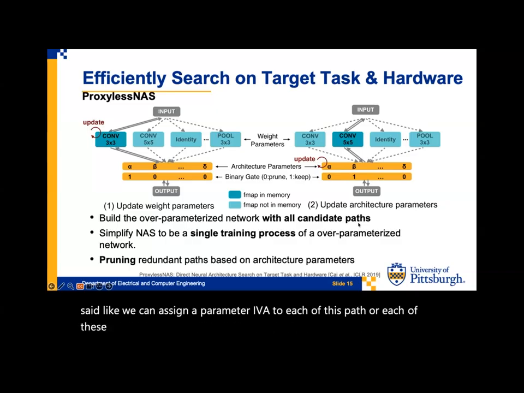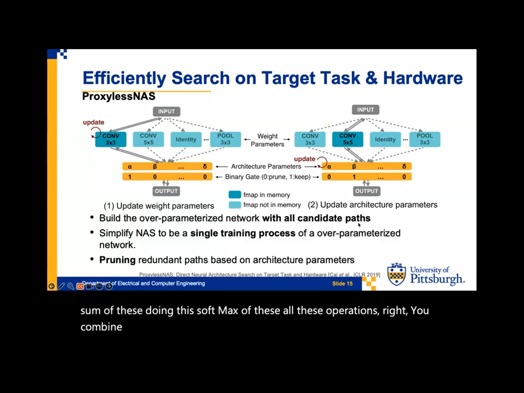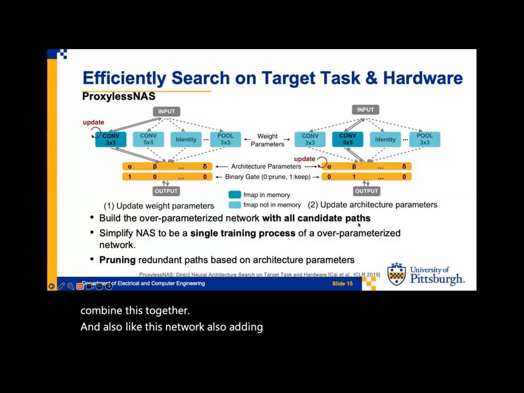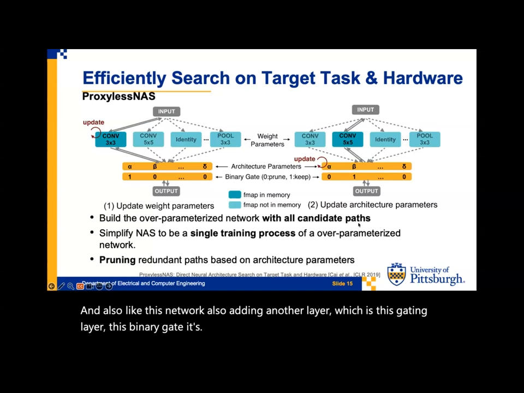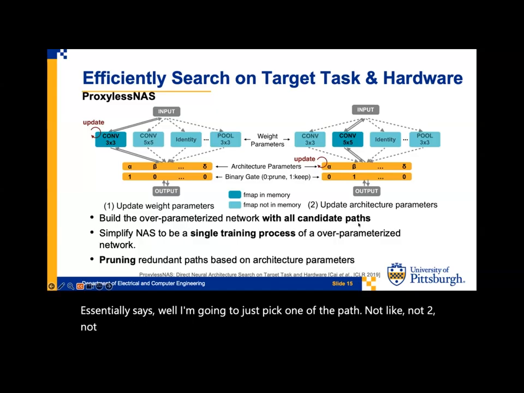And then the output equals the sum of the softmax of all these operations, you combine this together. Also, this network adds another layer, this gating layer, this binary gate, which essentially says, well, I'm going to just pick one of the paths, not two, not three. So I just pick one of the paths.